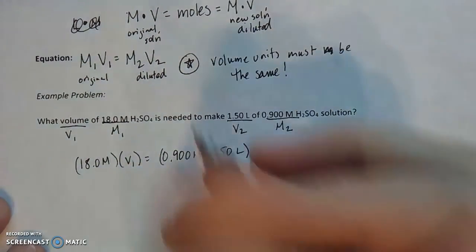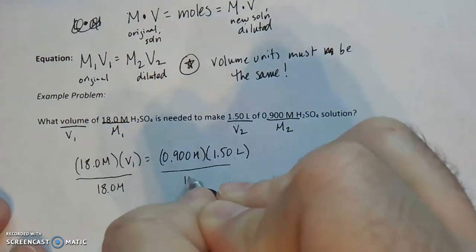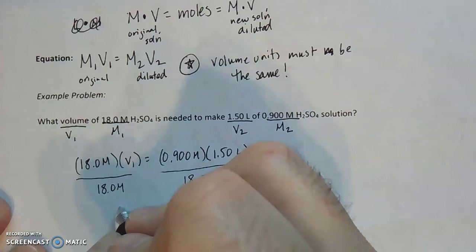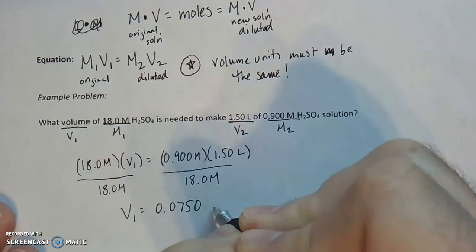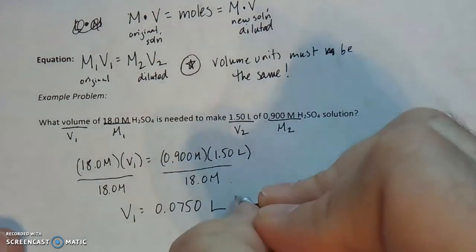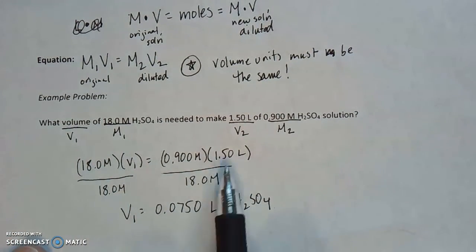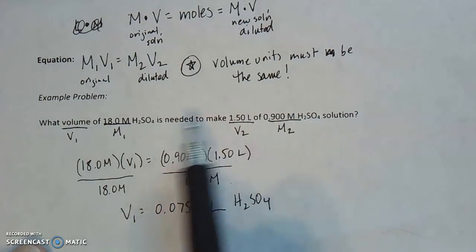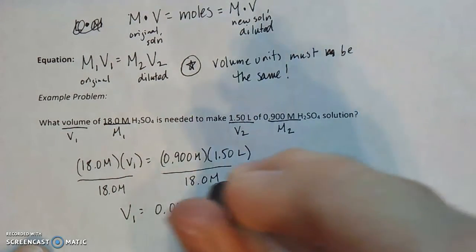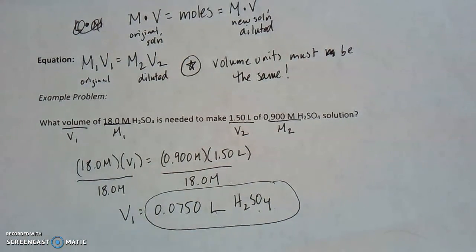So to get V1 by itself, we just divide both sides by 18.0 molar, and we get V1 equal to 0.0750 liters of H2SO4. 3 significant figures, because all of our measurements from the problem are 3 significant figures. And we have our unit and what it is. So that is our example problem.